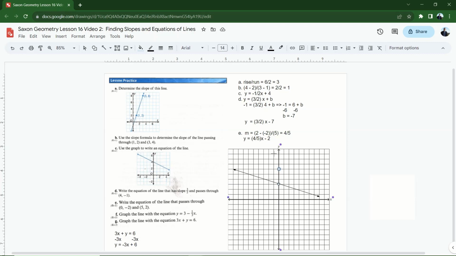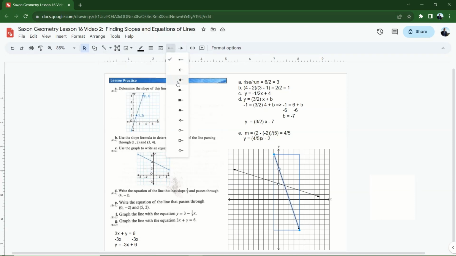So I'm going to start up here, and we're going to go down 3 over 1, repeating that down 3 over 1 step each time. Let's see if we can make it look pretty good down to here. Hey, that's pretty good. Okay, I'm just going to put an arrowhead on both sides of my line here.